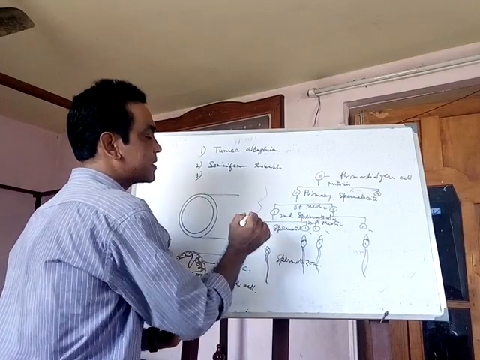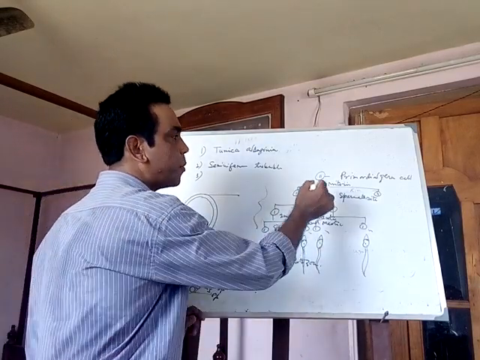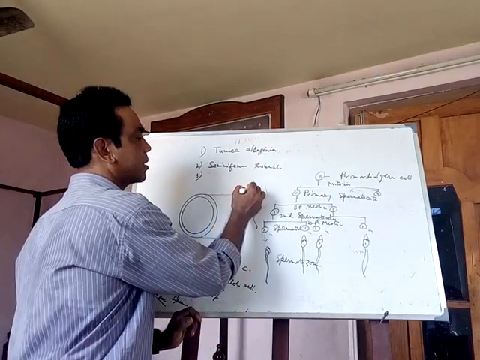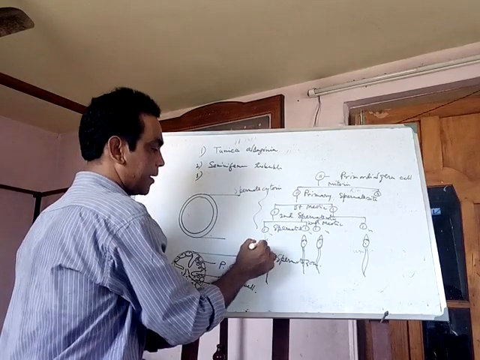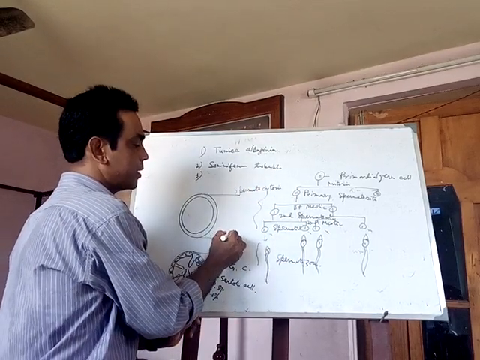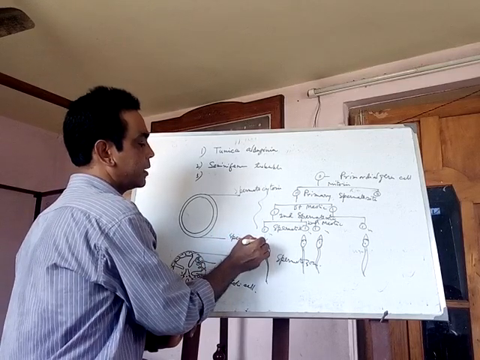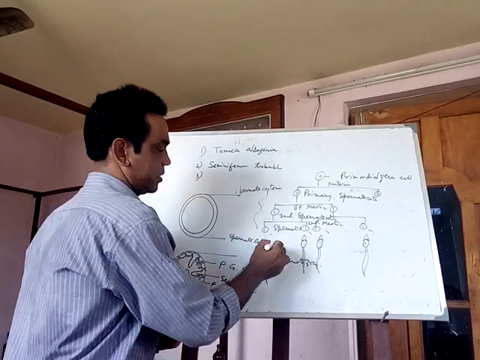Here, in this stage, the production of spermatid from the germ cells is called spermatocytosis, and the next phase is called spermatoteleosis or spermiogenesis.